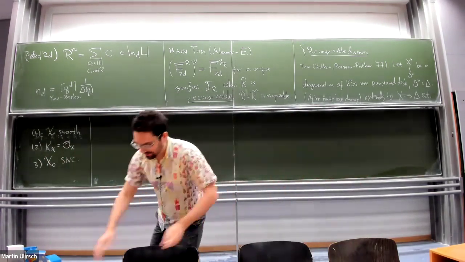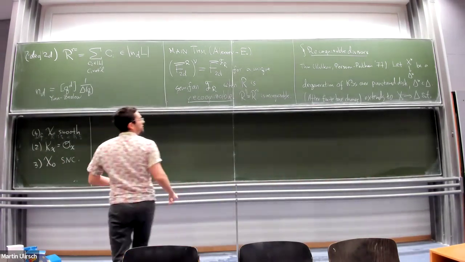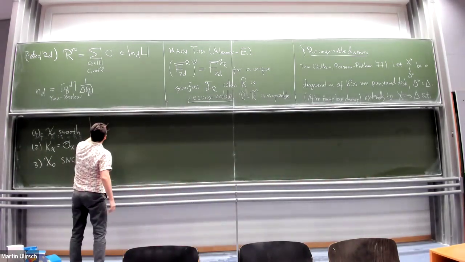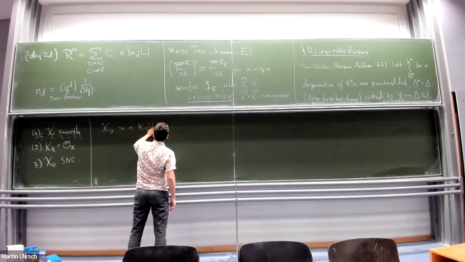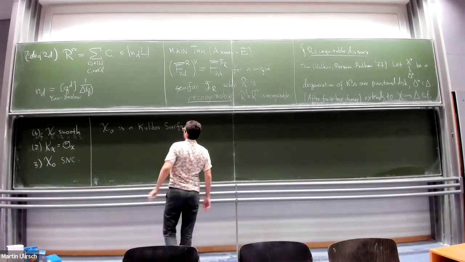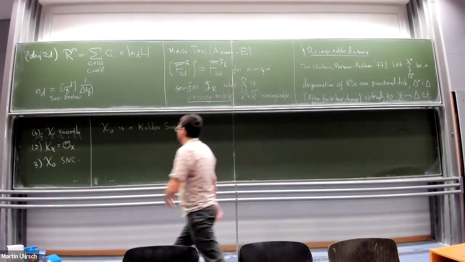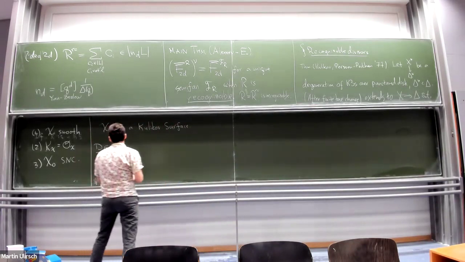Okay, so all right, this is a Kulikov, and let me call the central fiber a Kulikov surface. Okay. So now let me give this key definition of recognizable divisors.